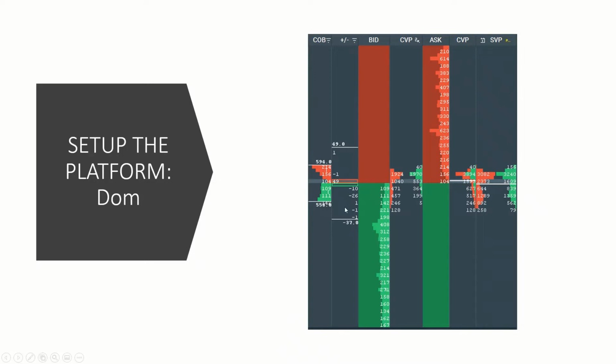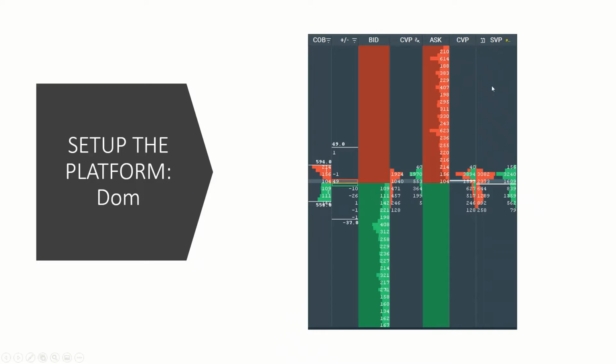In here we got the pulling and stacking column, the bid with the depth of market, the volume profile for the bids, and for the asks the market depth for the ask, then the volume profile that I use just for the chart, and the session range volume profile.